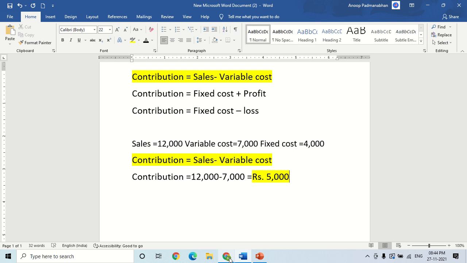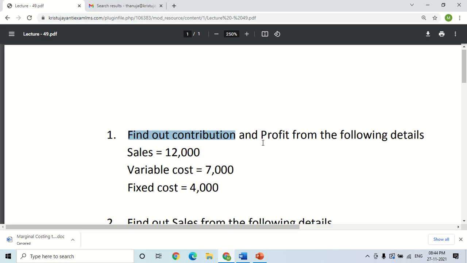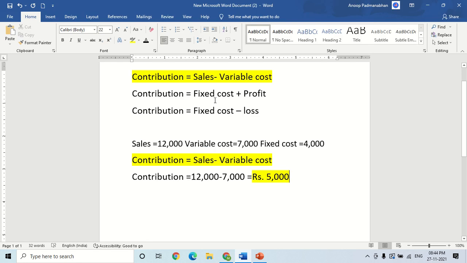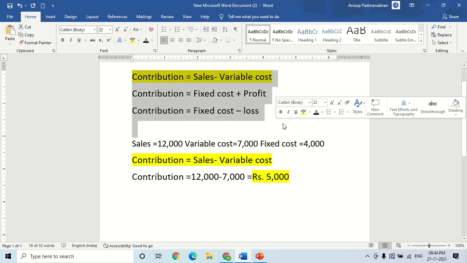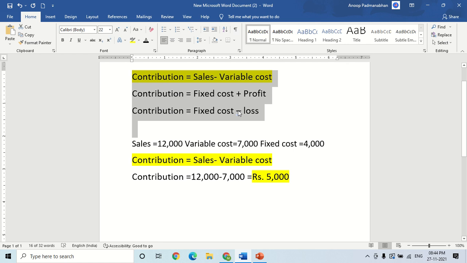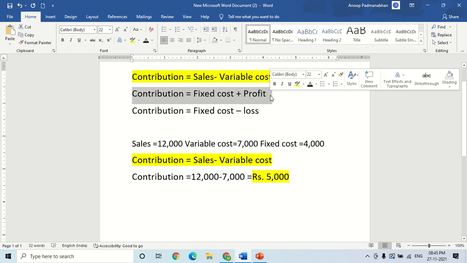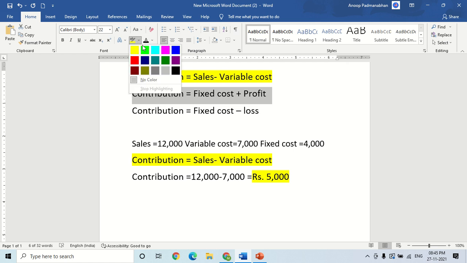Now, what is the second half of your question asking? Calculate profit. You are also supposed to calculate profit. So look at this equation, students. If we check the contribution equations, you can find the word profit. In which equation could you find the word profit? Look at the second equation, which contains the term profit.